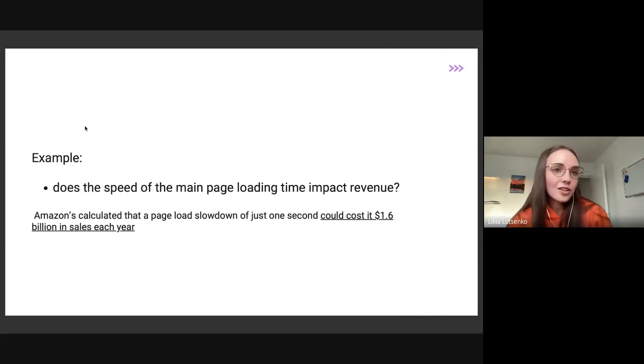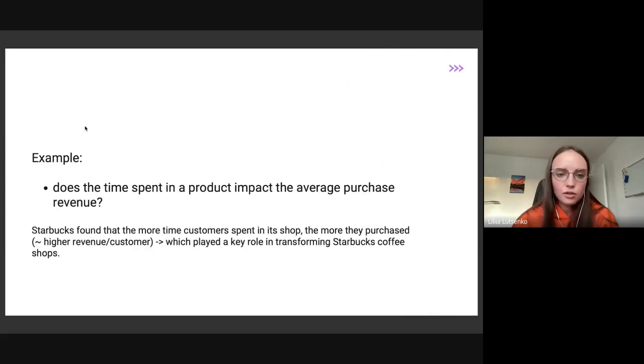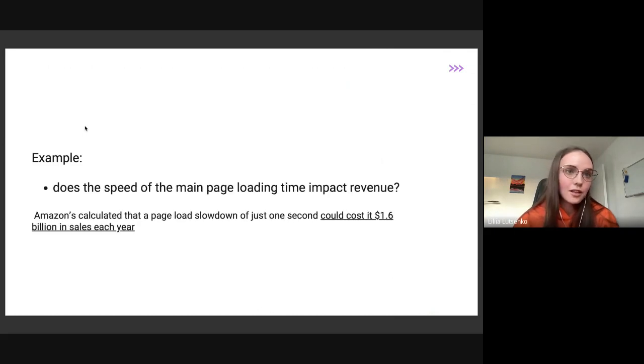And Amazon actually conducted that analysis, confirming that a page slowdown of 1 second could cost them $1.6 billion in sales each year, which is also proven by Google. They made a similar analysis and concluded that the slower content loads for them, the more losses they incur.